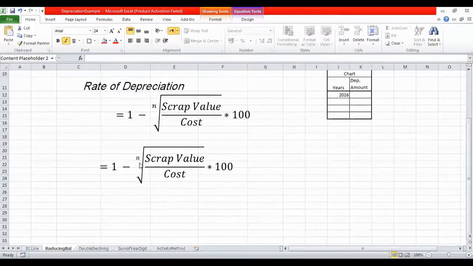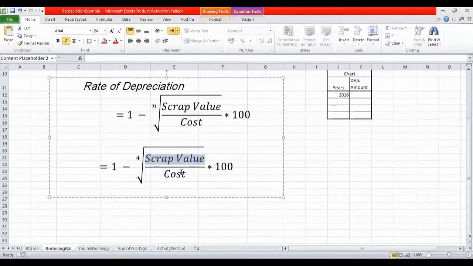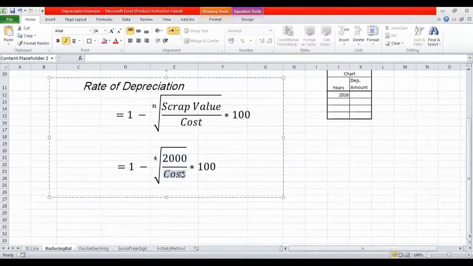This becomes 4 because n, the number of years for us, is 4. The scrap value is 2,000. Our cost of this plant is 18,000.